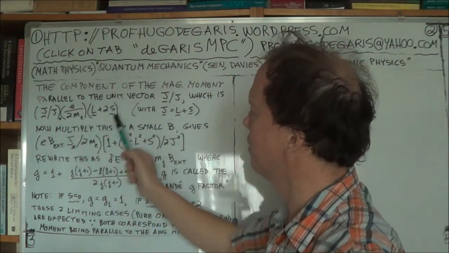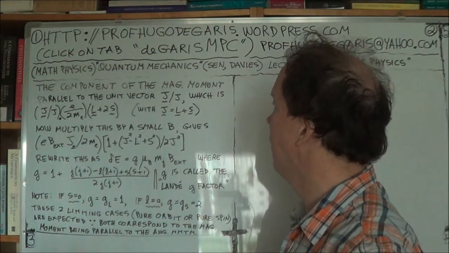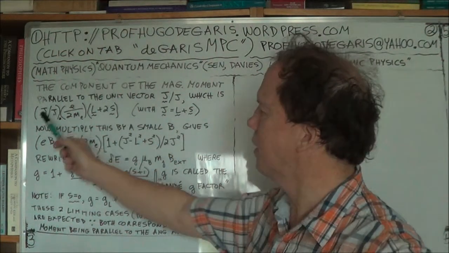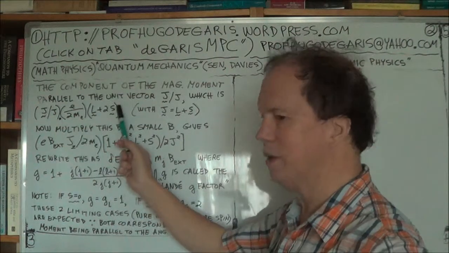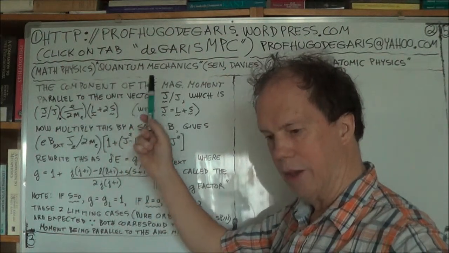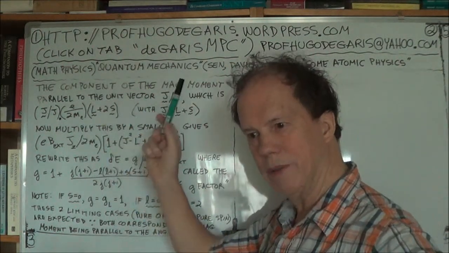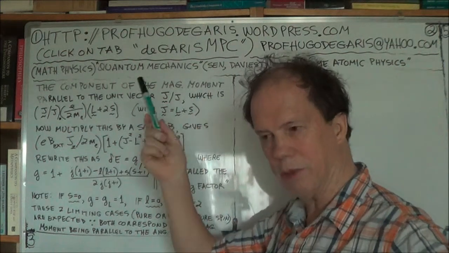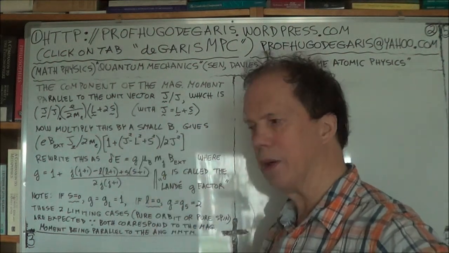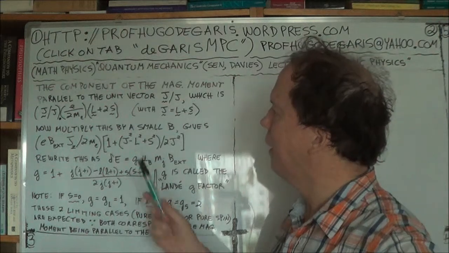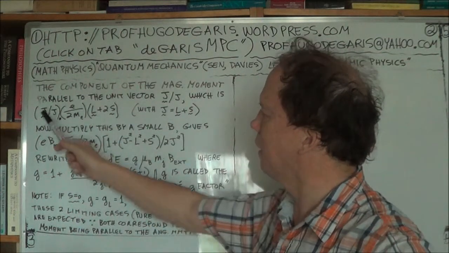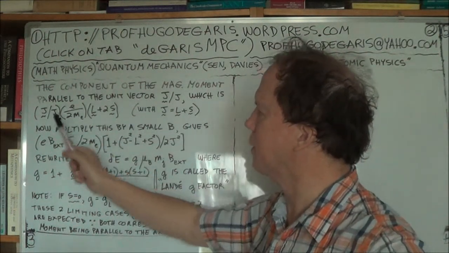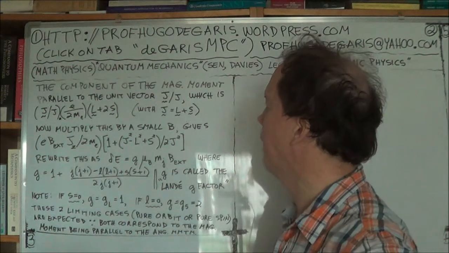You've seen this sort of thing before. Now this will be the component of the total magnetic moment, the spin part and the orbital part, along this unit vector. So you've got a dot product here.